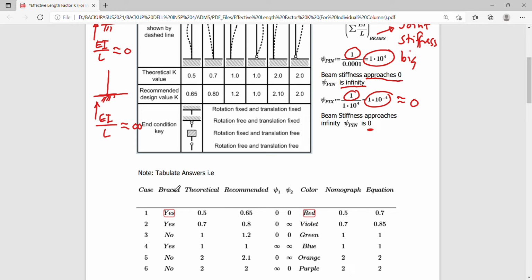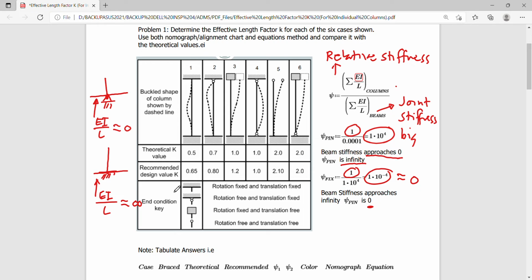Hence, cases 1 and 2 are braced cases, since there is no lateral translation or side sway at any of the joints, while case 3 is an unbraced frame, since at the top joint the column is allowed to translate laterally by a certain distance delta.